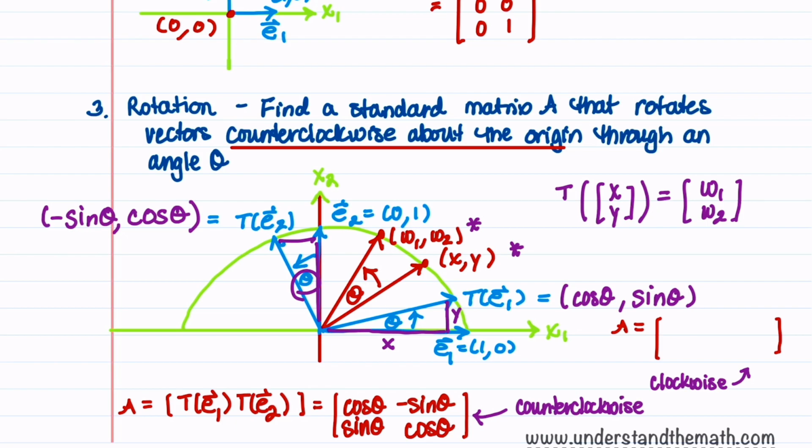So that is the standard matrix that rotates vectors counterclockwise about the origin. We could do a similar analysis for rotating clockwise about the origin, and if we do that, we end up with this matrix transformation. We have cosine theta, minus sine theta, and then sine theta, cosine theta.